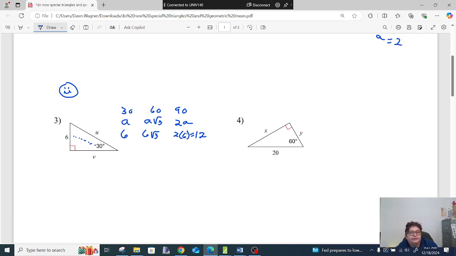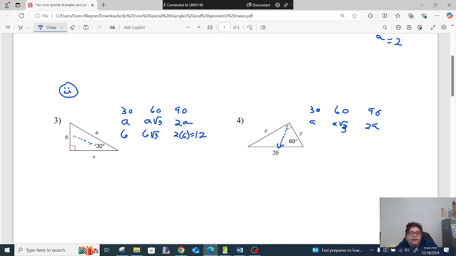Now this one, you're given across from the 90, right? So the 30, 60, 90 pattern states that you have a, a square root 3, 2a. Now, if you could look at this and say, oh, a is 10. Oh, it's square root 3. Oh, even I make mistakes sometimes.